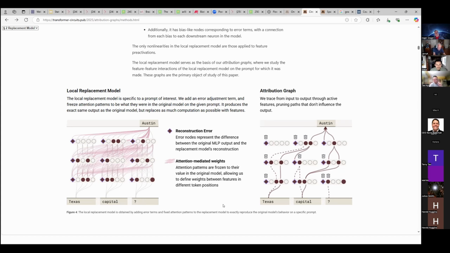The thing that's less useful about it is we're going to read this article and they're going to say, here are these Texas features, here are these capital of a state features, here are these Austin features. They're all hand labeled.